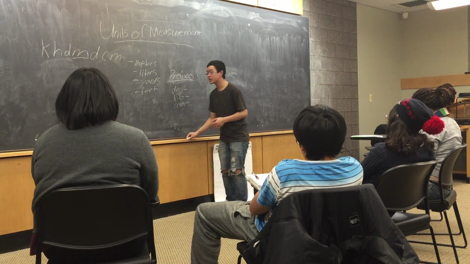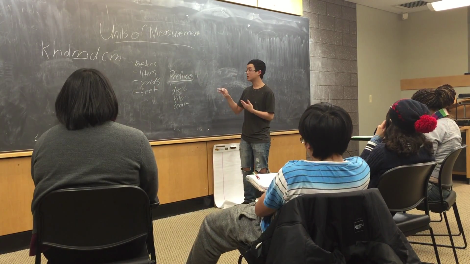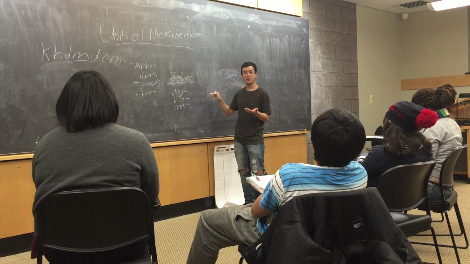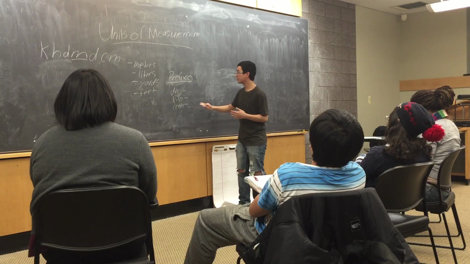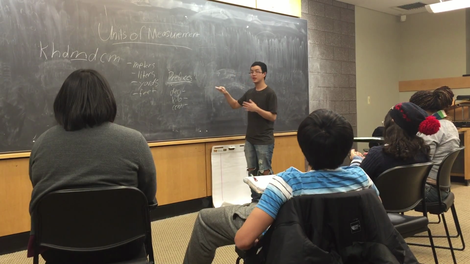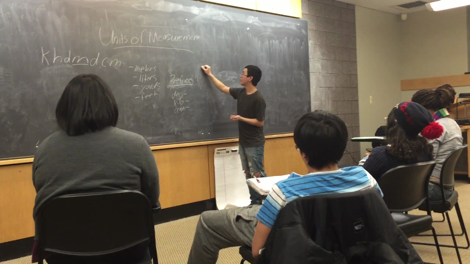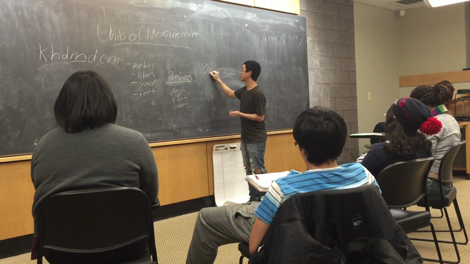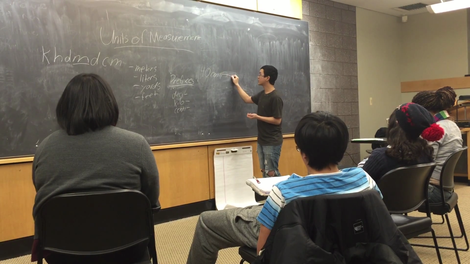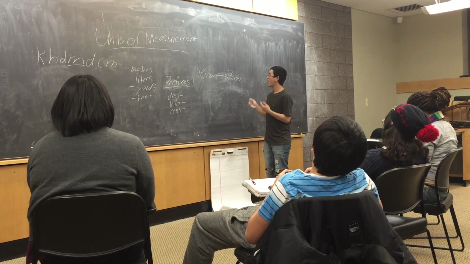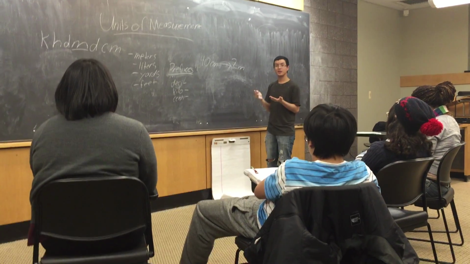Now, how to convert between these things, you'll have to know how large it is and how small it is. So say I was trying to convert between centimeters and meters. If I had, say, 40 centimeters, and I wanted to convert it to a number of meters, how would I do this?